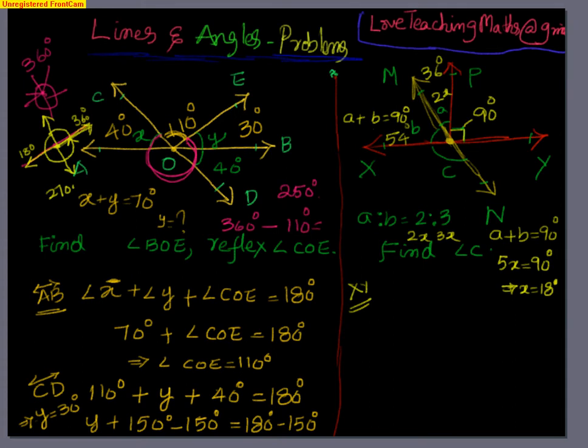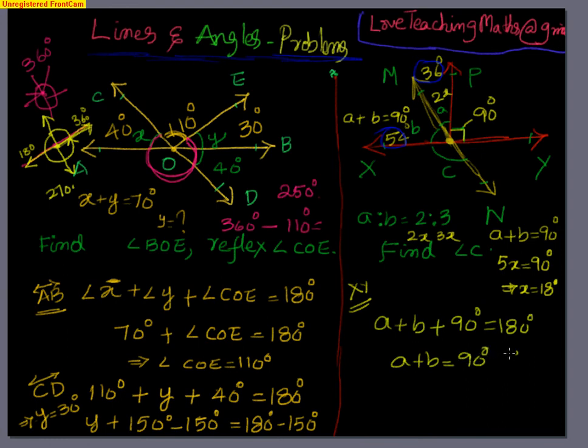So I have 36 degrees and 54 degrees. Just let me mark them. What we have done there: we said that A plus B plus 90 degrees is equal to 180 degrees, and that has given us A plus B equal to 90 degrees.